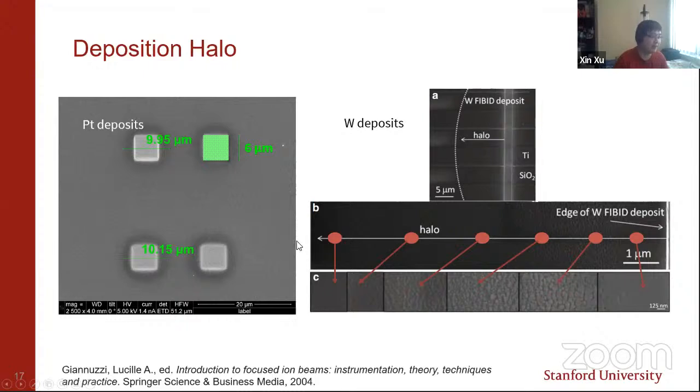The first, the gallium beam scatters to high angles during deposition, and these high angle scattered gallium ions will cause decomposition of the precursors outside of the region. And secondly, the scattered electrons caused during this deposition will also deposit the precursor in the region outside the desired pattern.